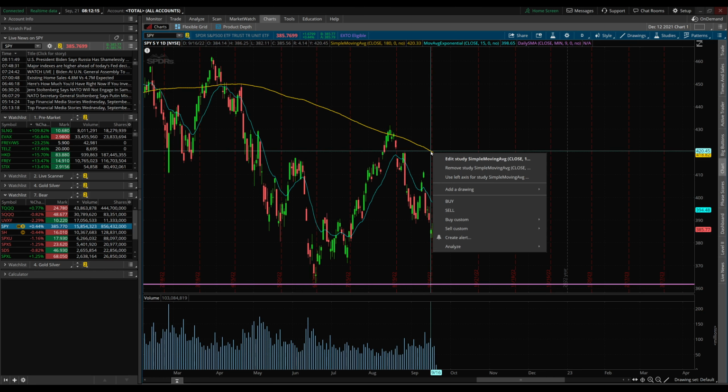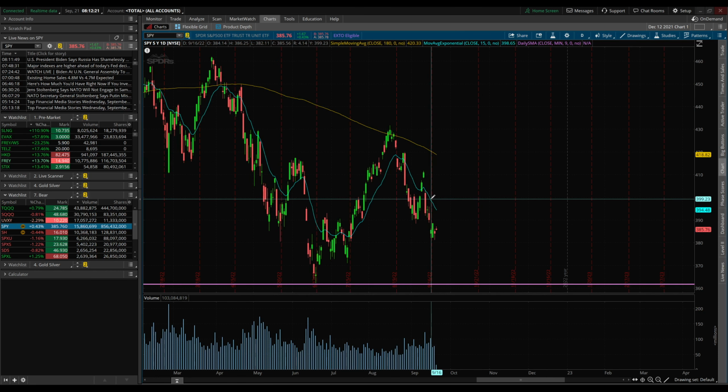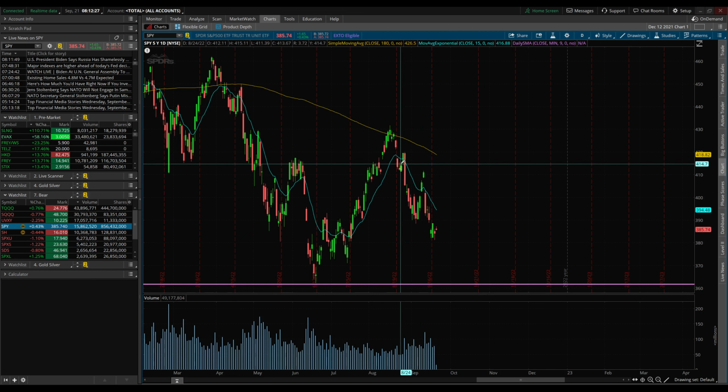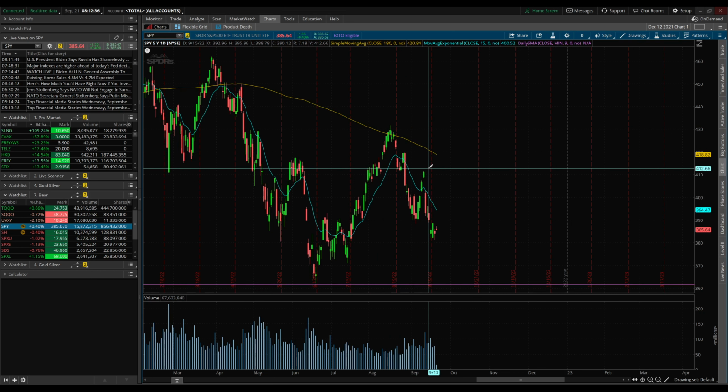The SMA, let's see, is 180 days. The EMA is probably 15 days. This is the setting that I personally use. You can configure it to whatever SMA or EMA that you want.